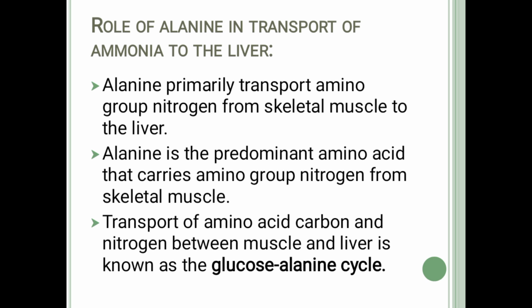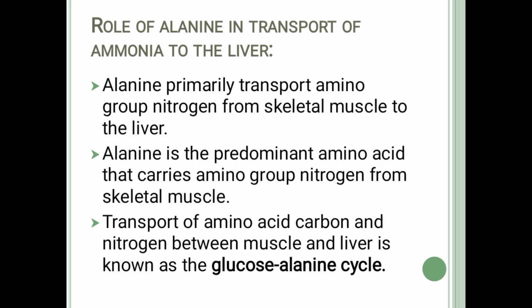Predominantly, the amino acids that are released by protein turnover in the skeletal muscle, in one way or another, undergo transamination reactions ultimately to make alanine and glutamine. So both alanine and glutamine are formed in the peripheral cell, especially in the skeletal muscle.